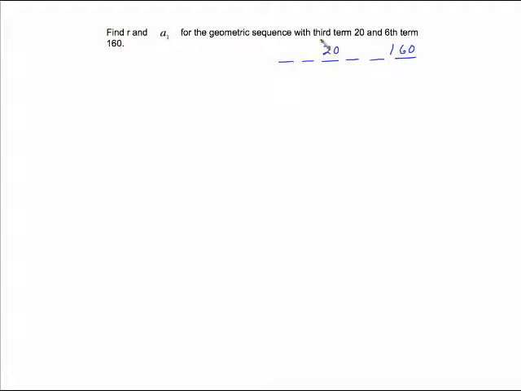Well, just for a second, I'm going to pretend that A1 was really 20. And if that's the case, this is my pretend A1, this is my pretend A4. I can use the geometric formula, A sub n equals A sub 1 R to the n minus 1. So in my little scenario, we're talking about A sub 4 being 160.